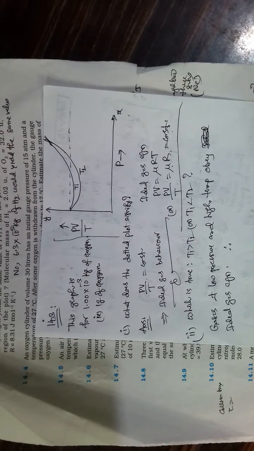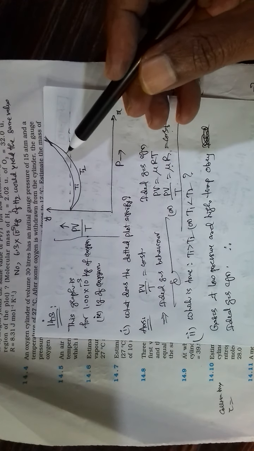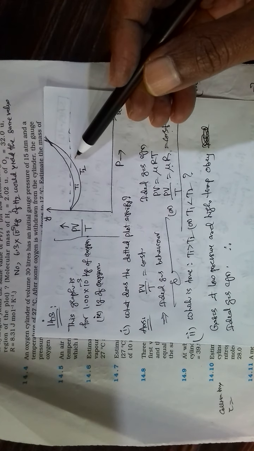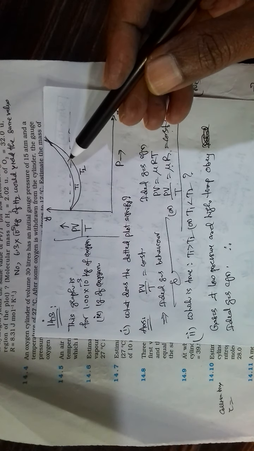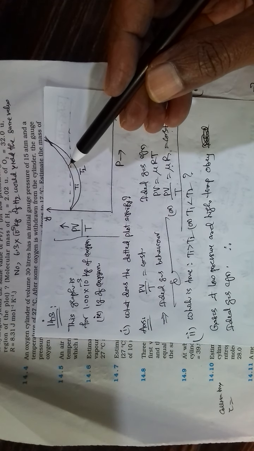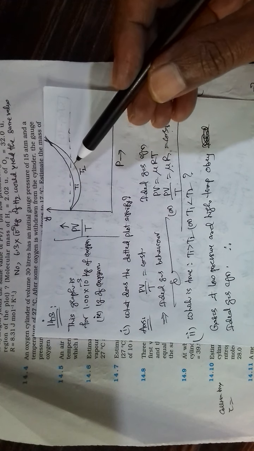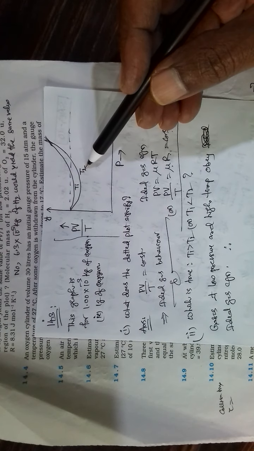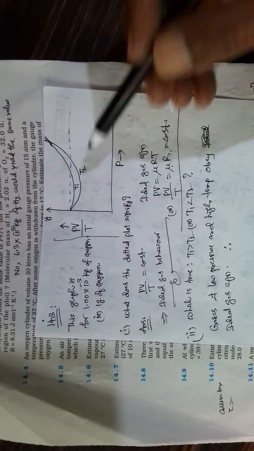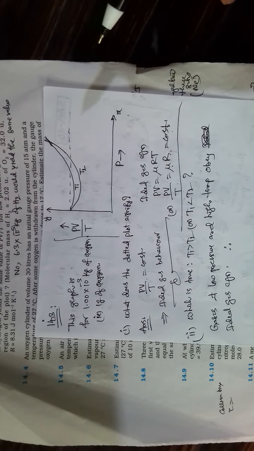Next question is, you can see two curves. This curve is drawn at T1 temperature, this curve is drawn at T2 temperature. Now what is asked? Which temperature is greater? That is asked.